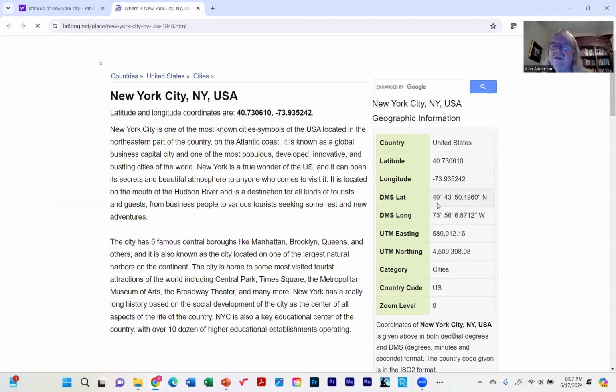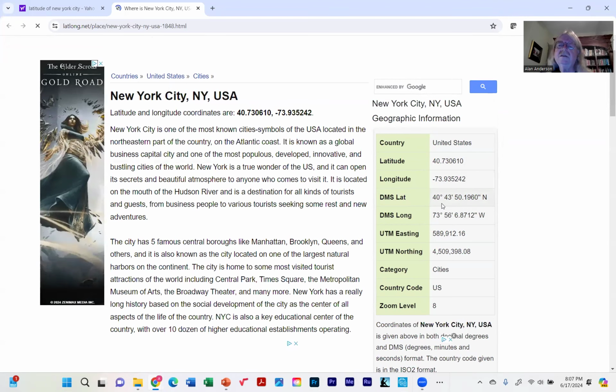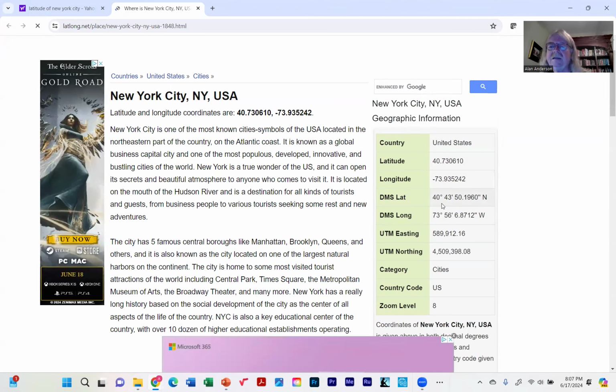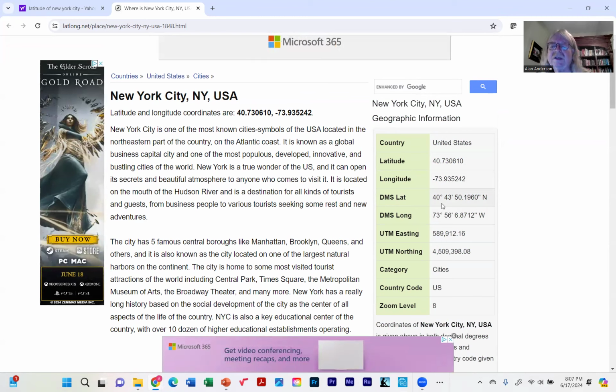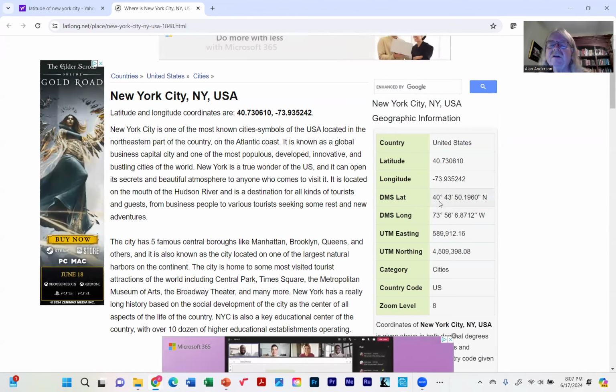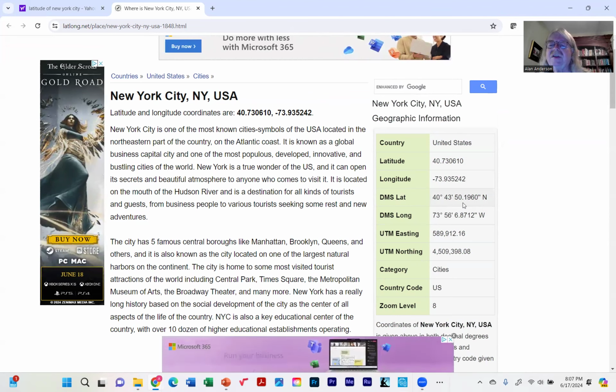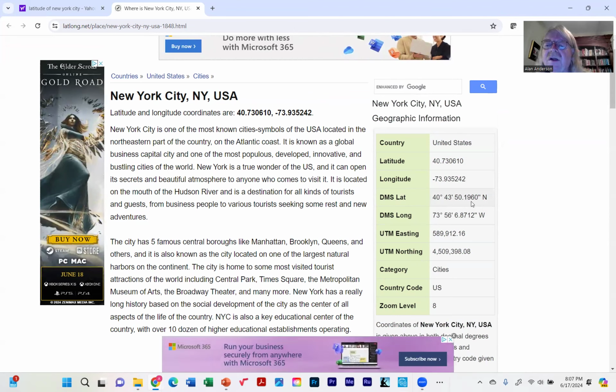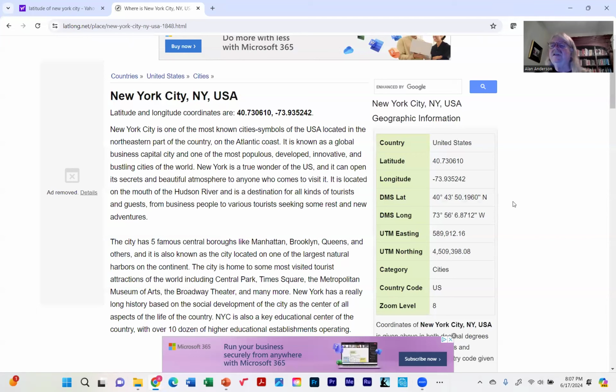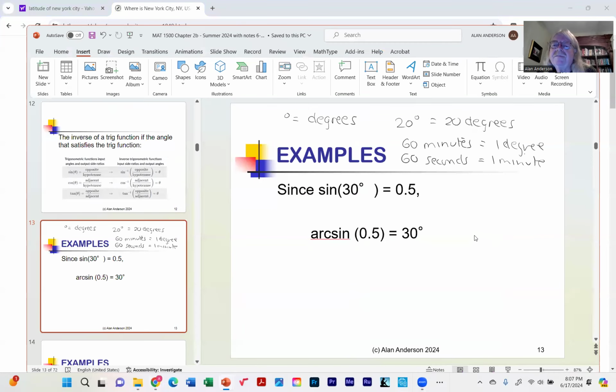Written in this style, though it's not always written this way, it's 40 degrees, 43 minutes and 50.1960 seconds north of the equator. I just wanted to throw that out there, to see if you remember that degrees themselves can be subdivided into minutes and seconds. It's not going to show up in this class, but just in case.